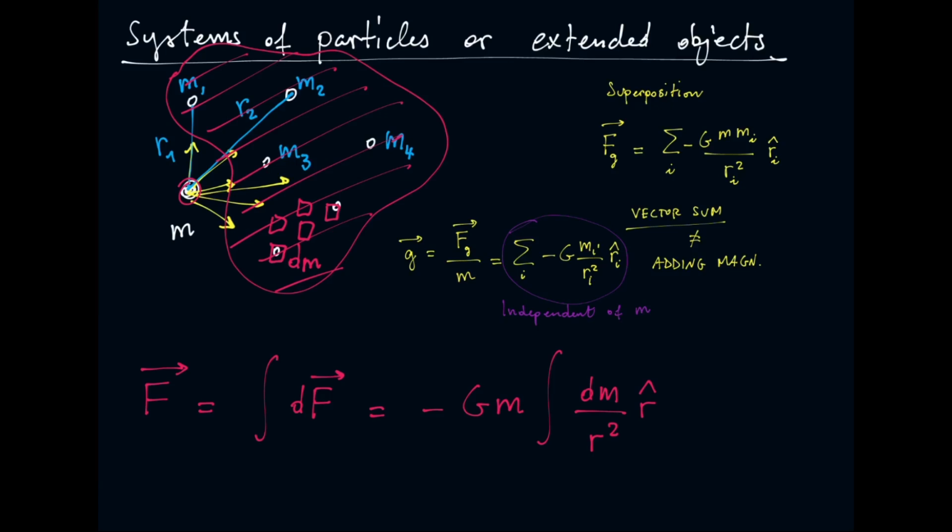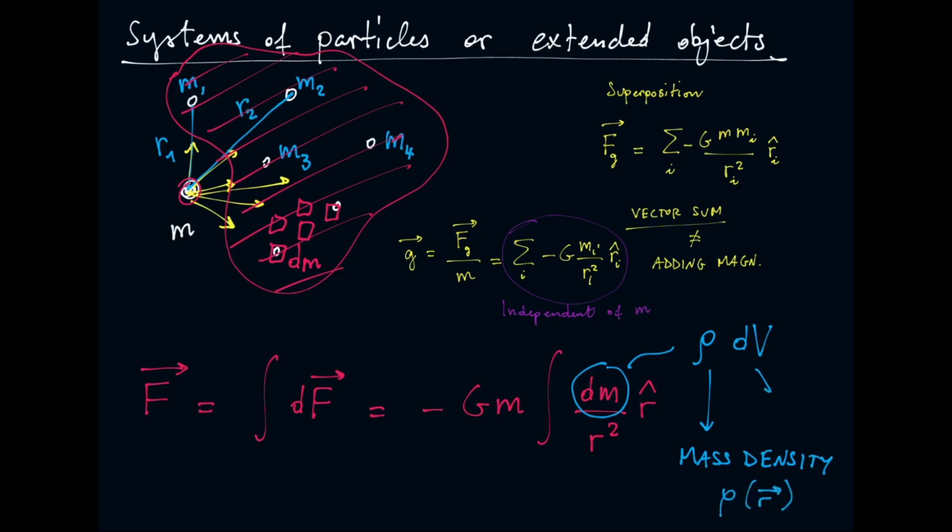Last little detail that you may be interested in knowing is that most of the time this dm you'll find written as rho times dV. So rho is mass density, which in many problems might be constant, because it's simpler to discuss an object with uniform density, but it doesn't have to be, and in principle depends on the position.